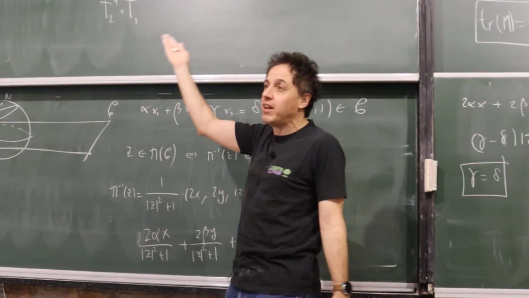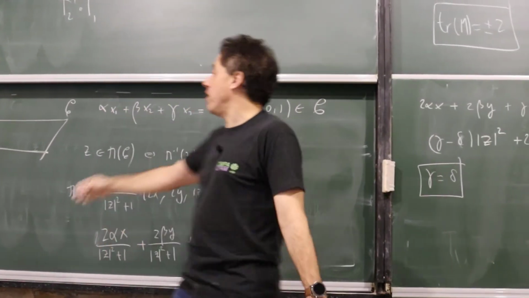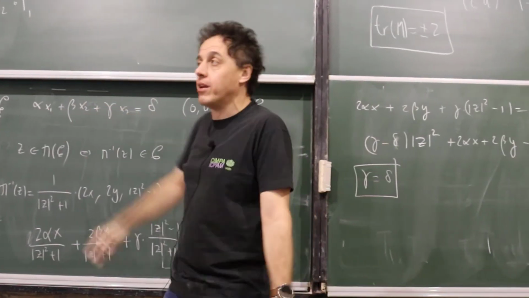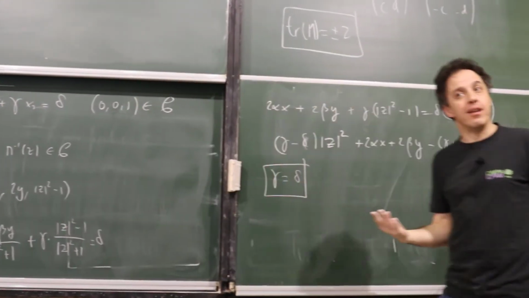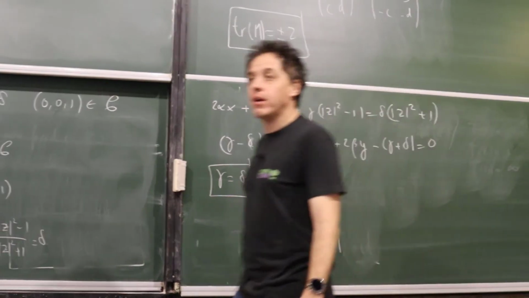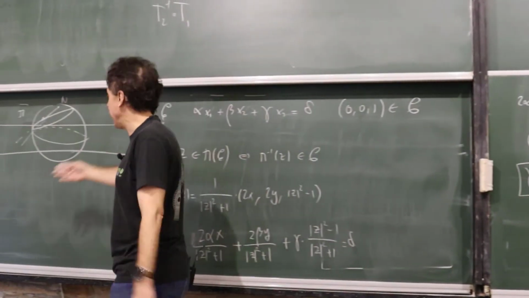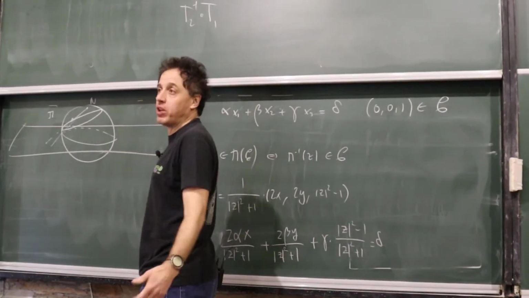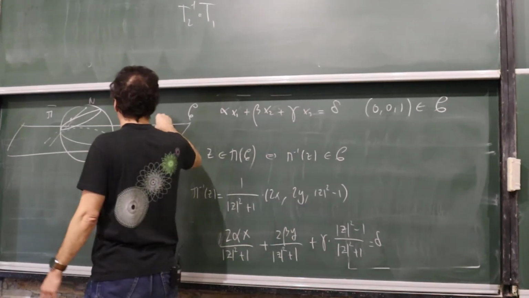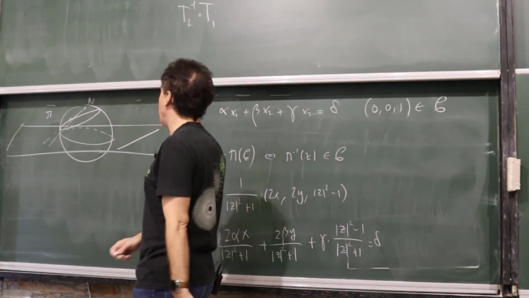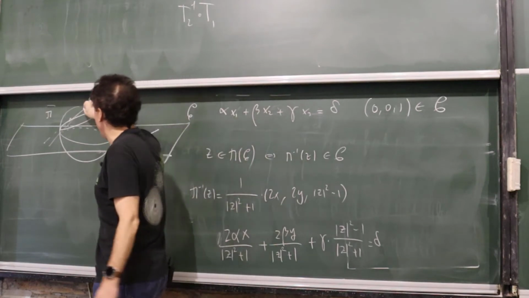In fact, you are cutting a plane with the complex plane. So in this case, you have a straight line, and in fact, any real straight line in C is the projection of some circle. If you take any straight line here, you can take the plane that contains this straight line and the North Pole.